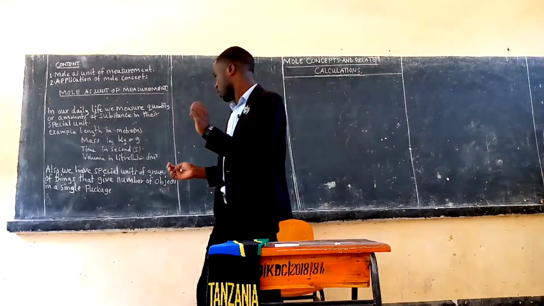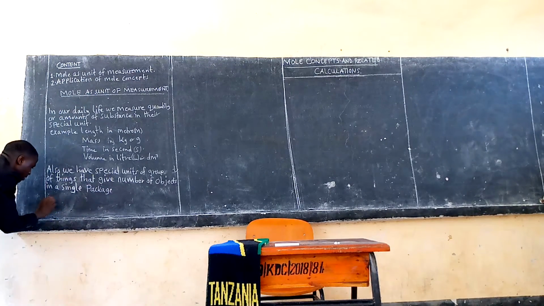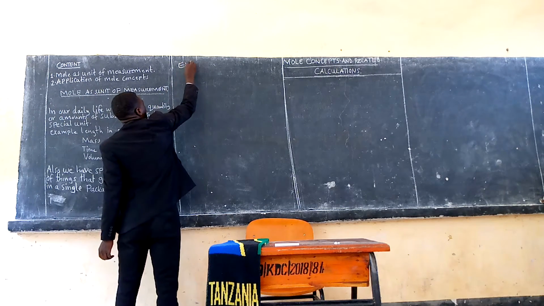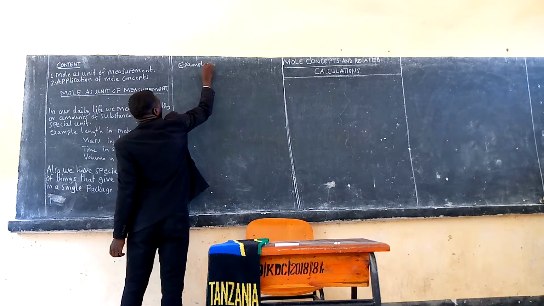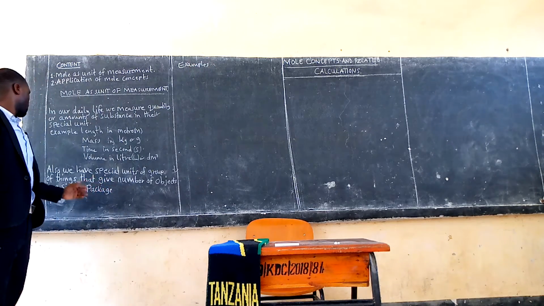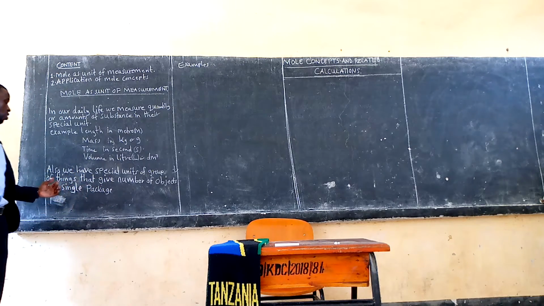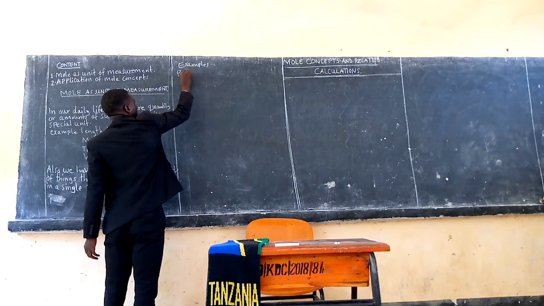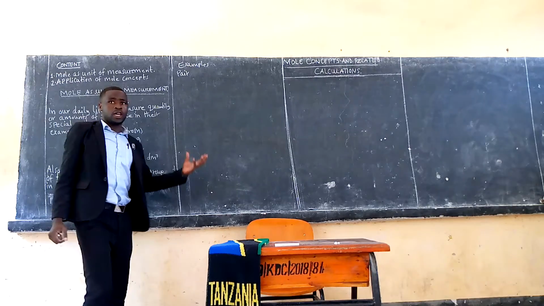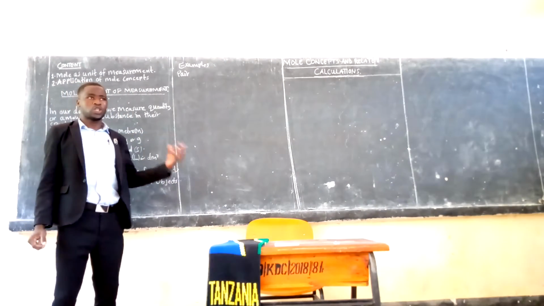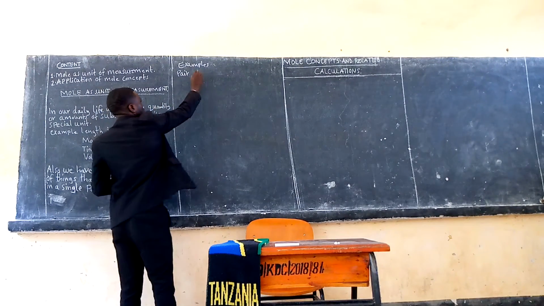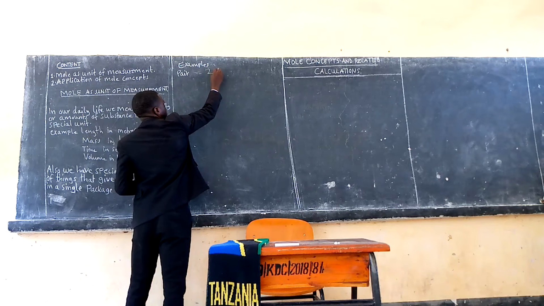Examples of special units that show groups of things in a single package: we have pair. Pair is a special unit in which a single package consists of two objects.